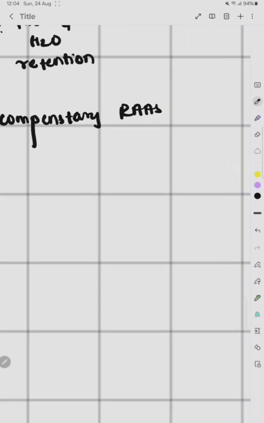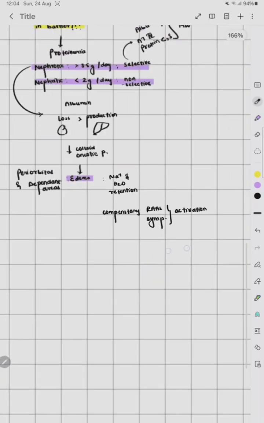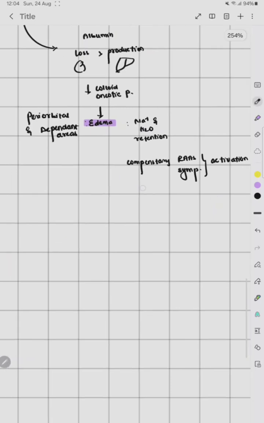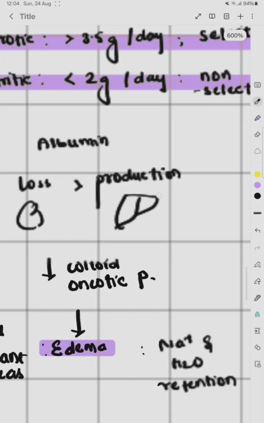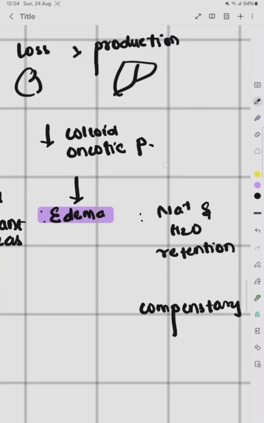Just because of compensatory RAS activity and sympathetic activity. Compensatory sympathetic activation. This is another finding you have to remember.